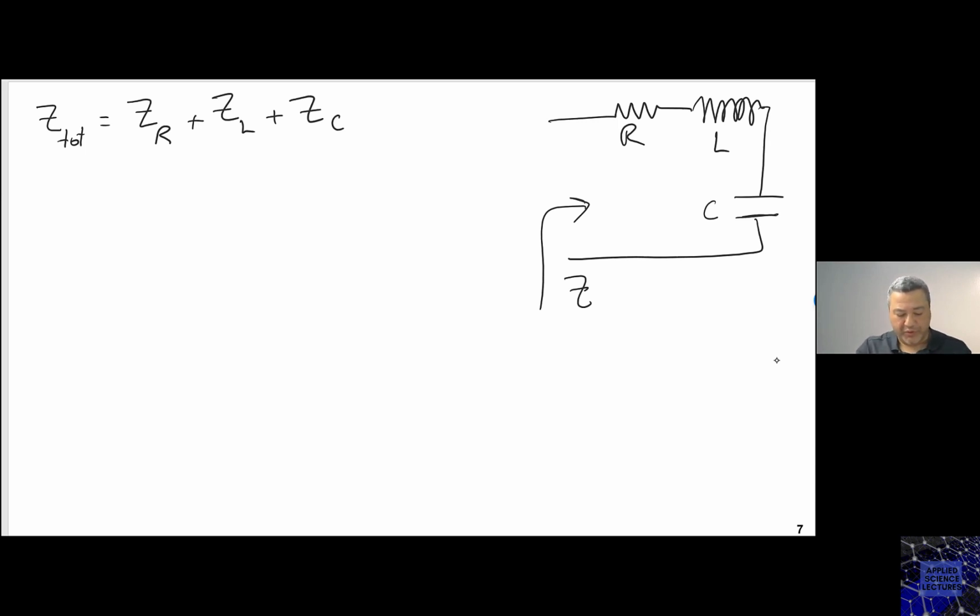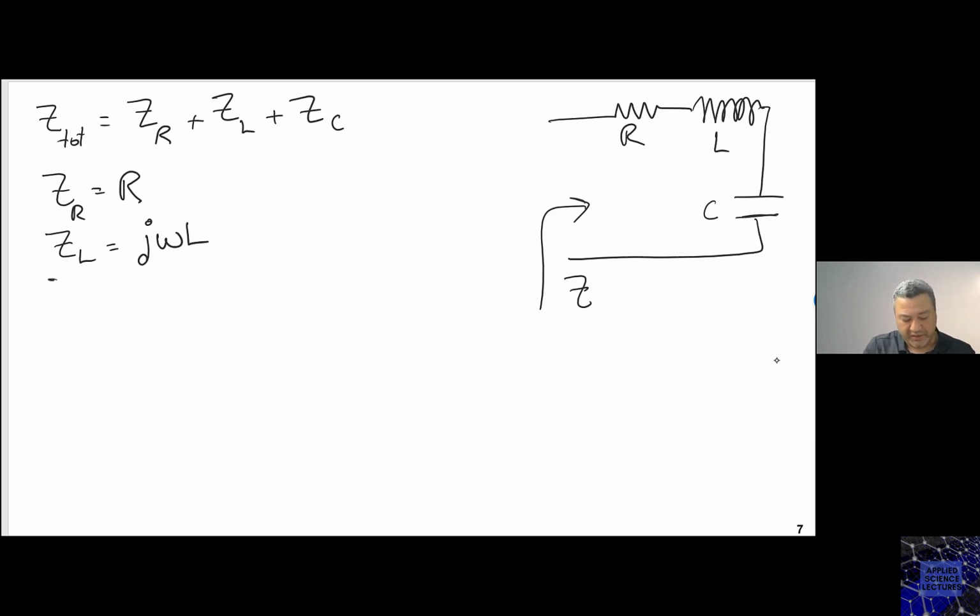So let's put all those together. What is ZR? We said that ZR is purely resistive, so ZR here is R. What about ZL? We said ZL is pure reactive, so here it is j omega L. And the unit is impedance for all of them.